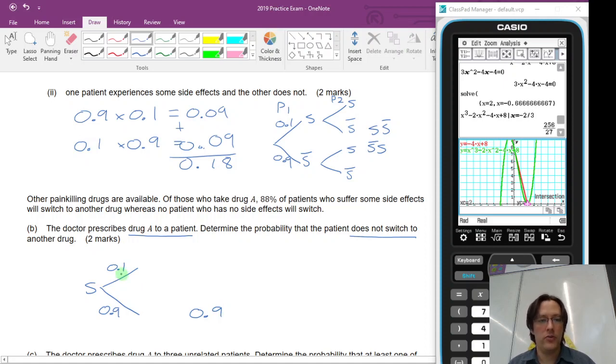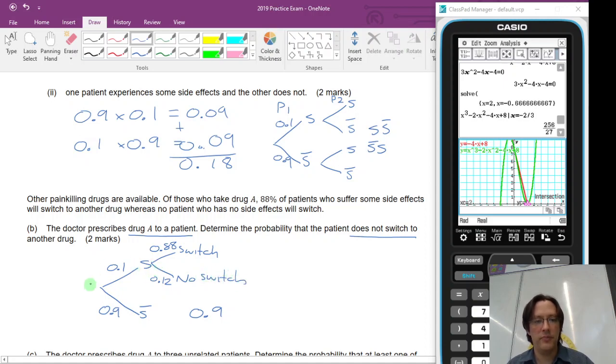If they do have side effects, that's side effects. That's no side effects. Let's get rid of that S. It's a bit confusing. And so 88% of patients will switch. Which means 12% of patients will not switch.